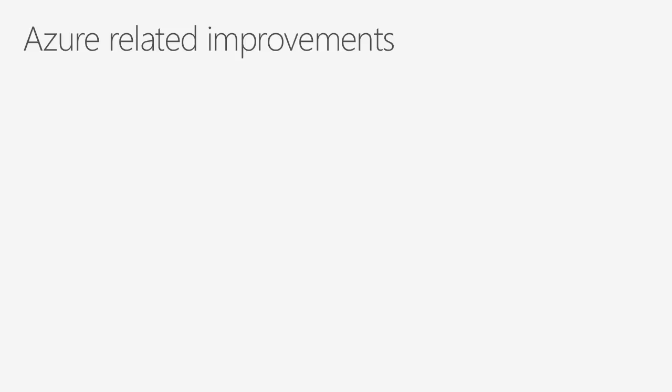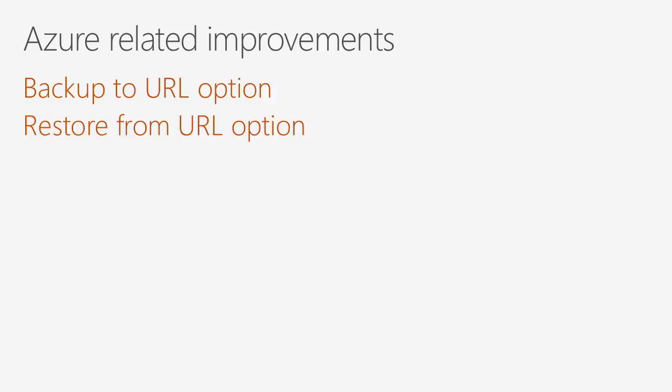So Azure-related improvements. We now offer the ability to back up to URL. We did this in yesterday's session, if you weren't here. You can do this via T-SQL, or you can do it through the GUI. It does require that you have an Azure storage account ready to back up to, as well as access, so you need to have a subscription.